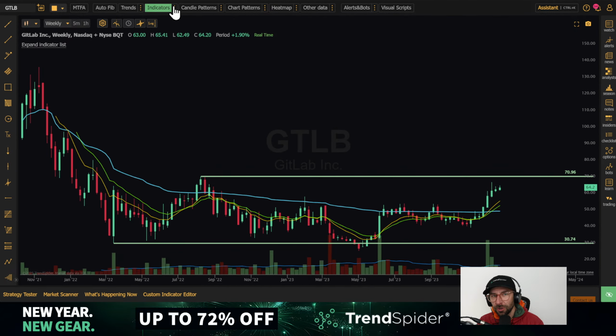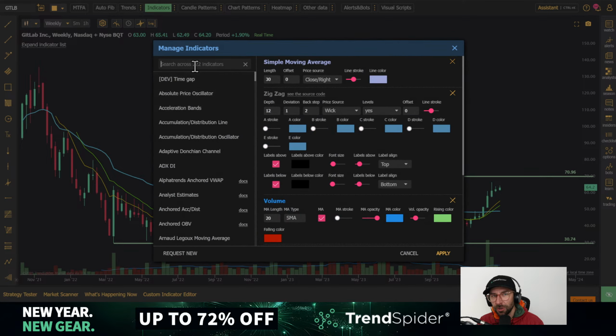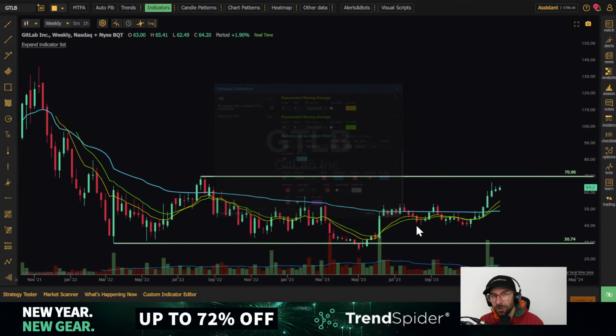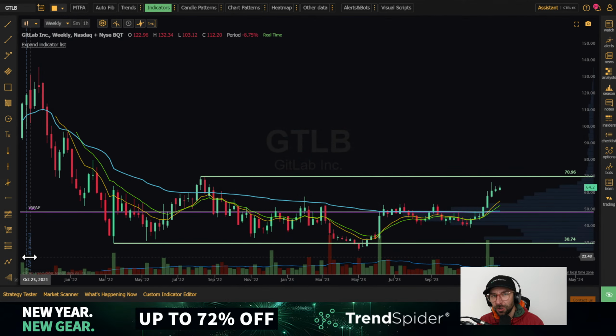With scenarios like this, I always like to have a volume by price up. You want to see what's overhead, if there is anything really overhead, and it's pretty clear that there is not volume-wise. All the volume is down here.